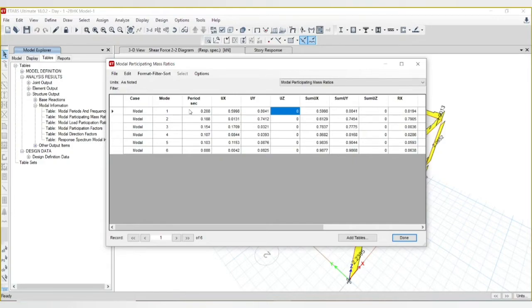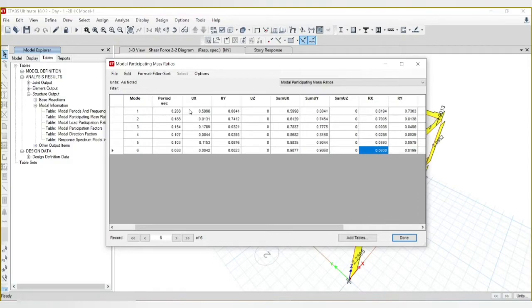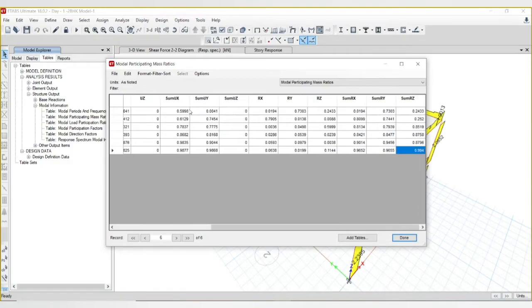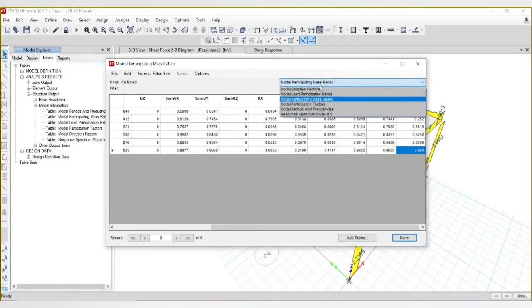At z, we have not given z factor and z displacement, hence it is not going to show any value. This is the sum, and if you add this and this, you will be getting the sum of x. So you will be getting the total sum on both sides. This is rotation at x, rotation at y, and these are the modal participating mass ratios.